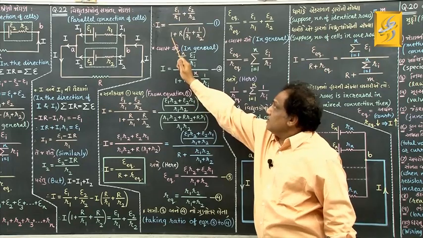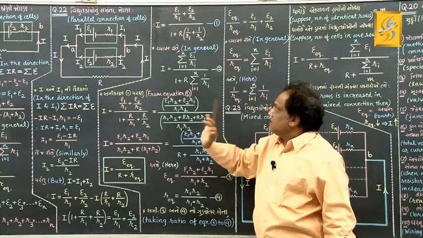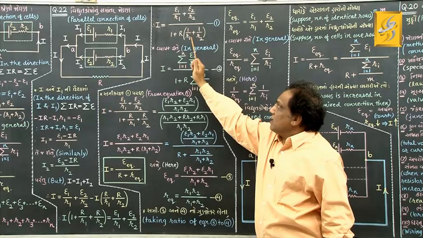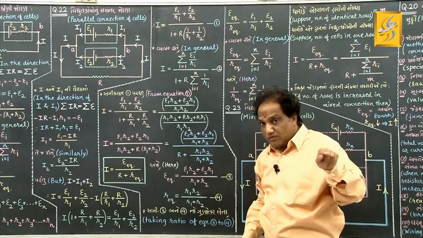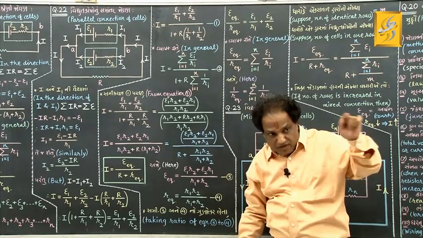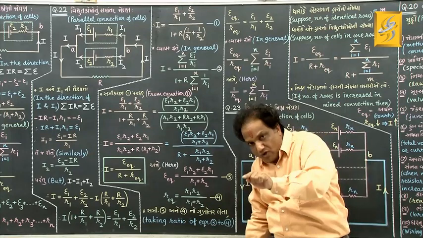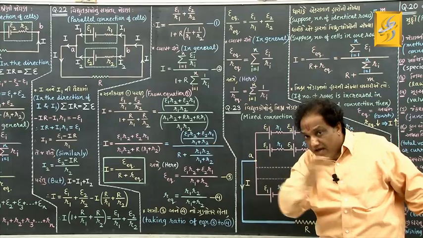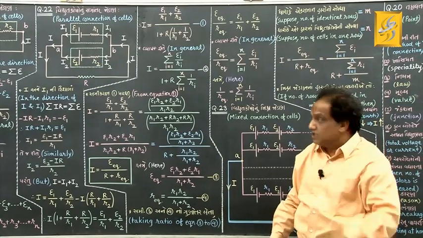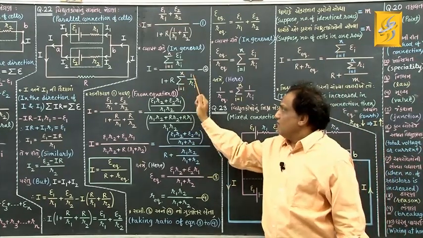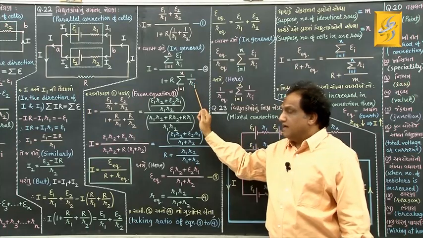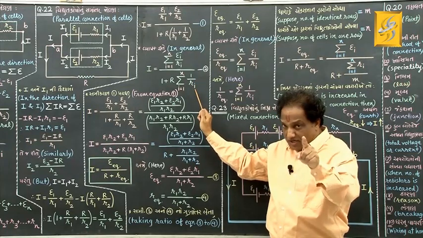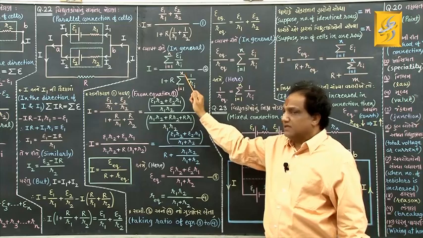Correct? This 1 plus capital R as it is, but what is this? 1 upon small r1 plus 1 upon small r2, for n number of cells it will be plus and so on plus 1 upon small rn. That entire summation in a single term you can write this way, sigma 1 upon ri. i indicates the order of the cell which you must change from first to last.